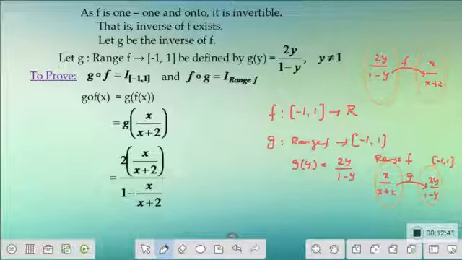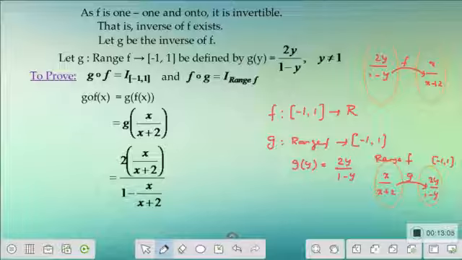For this, if I have to prove g is the inverse, I can say g is 1 to 1 and onto, and I can prove g is invertible. But here I have to prove g is the inverse of f, for which I am going to apply the composition of functions. That is, I have to prove g composite f is an identity function. Similarly, f composite g is also an identity function.